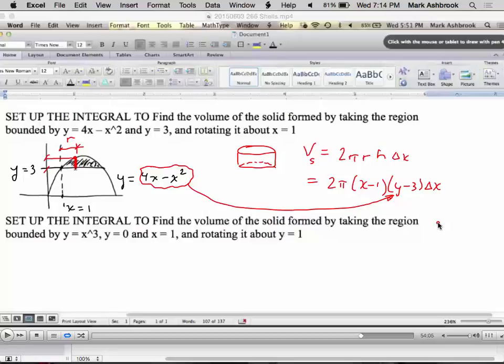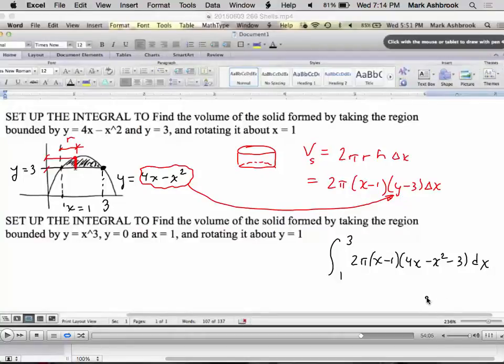And then the integral is going to go from what to what? 1 to, all right, we got to figure out what that x coordinate is. Is it 3? So it's going to be the integral from 1 to 3 of 2 pi (x minus 1)(4x minus x squared minus 3) dx.